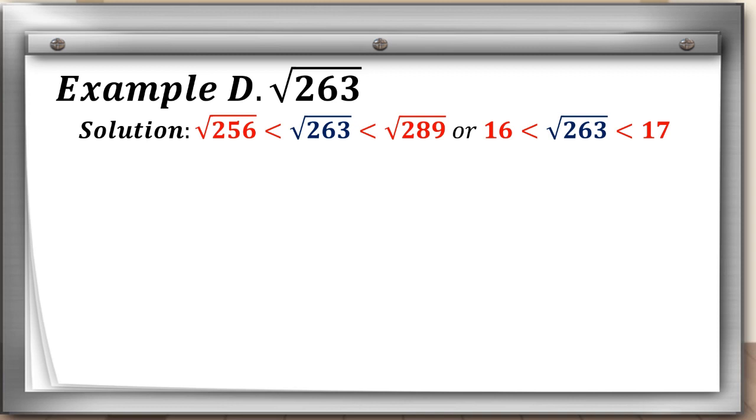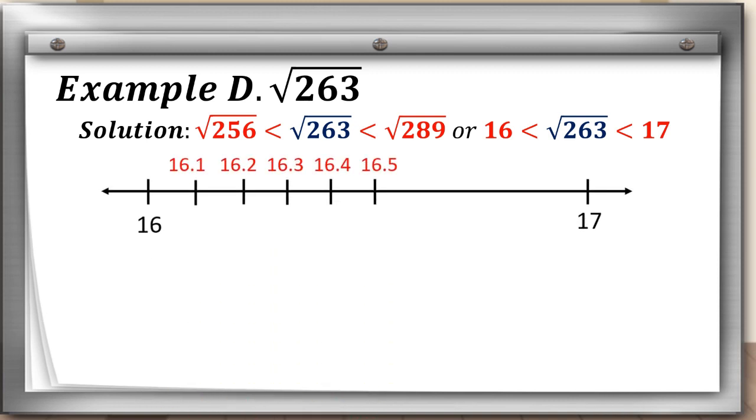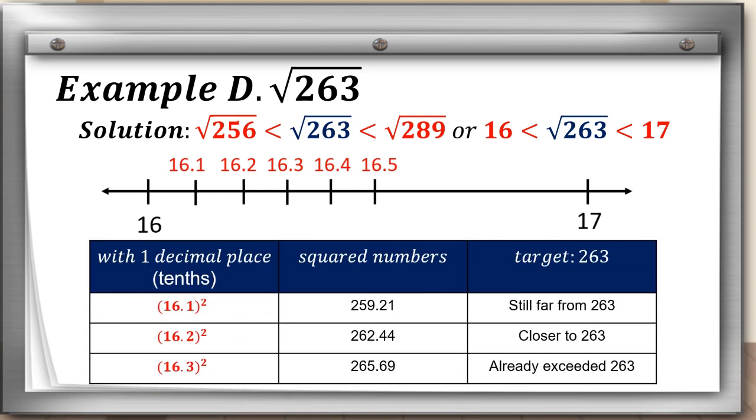Since mas malapit ang 263 sa 256, gagamitin natin ngayon ang 10th decimal place na mas malapit kay 16. So we will start with 16.1 squared, which is 259.21, and that is still far from 263.